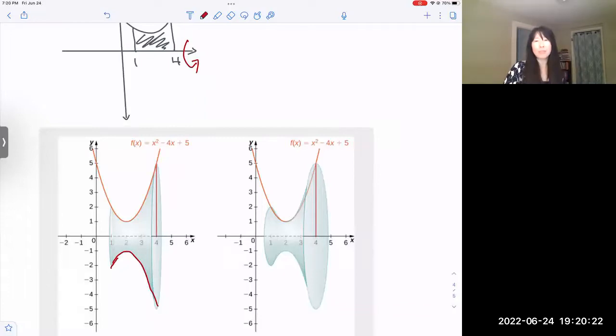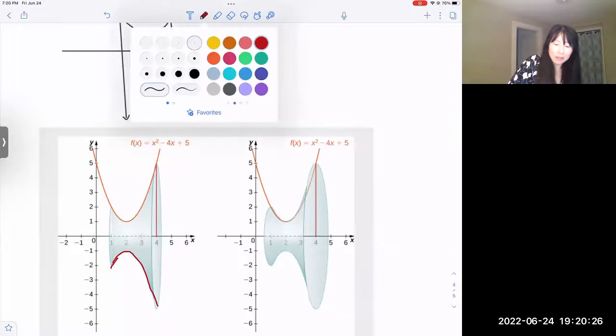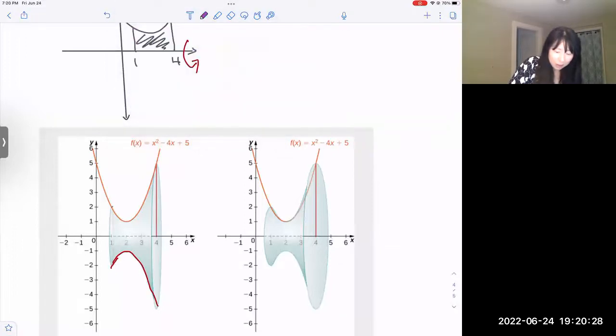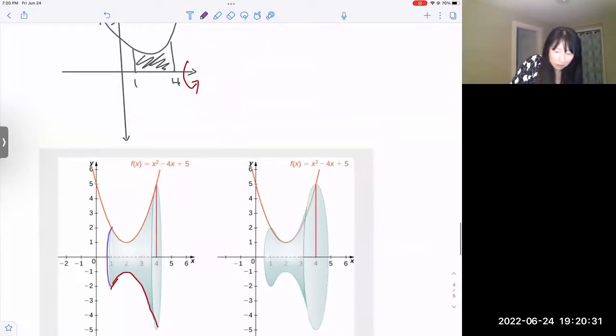Can you see? And then they generate this one.